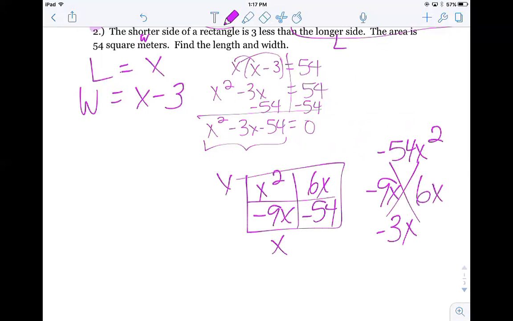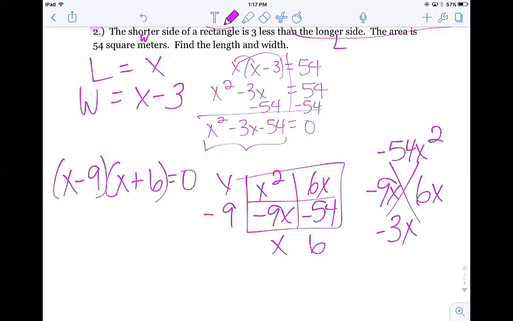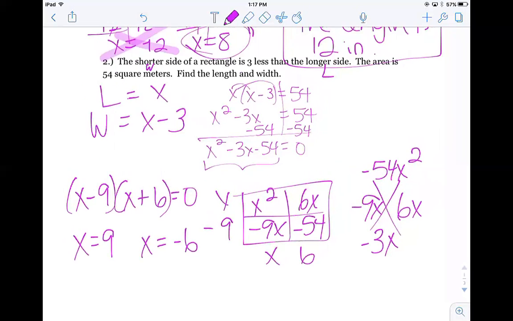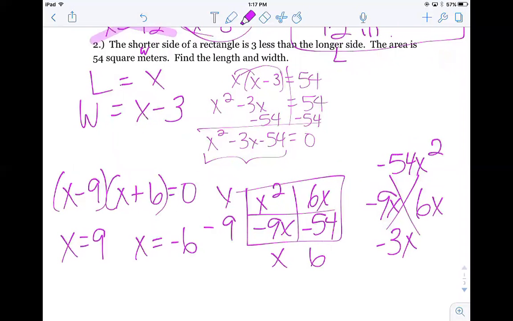We're going to plug those in. And then we have our parentheses, x minus 9 and x plus 6 equals 0. So then to solve, we'll get x equals 9 and x equals negative 6. Well, again, we're talking about length and width. So the x equals negative 6 is not going to work out, which leaves us with x equal to 9.